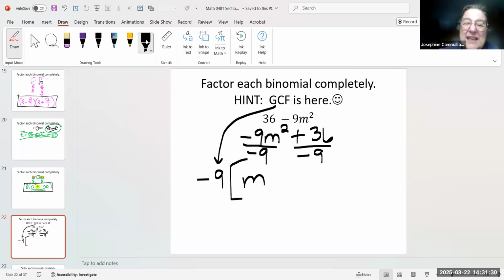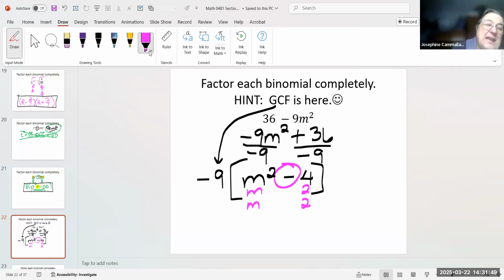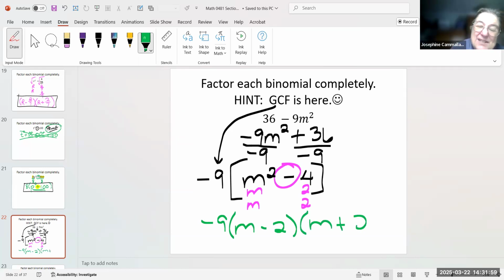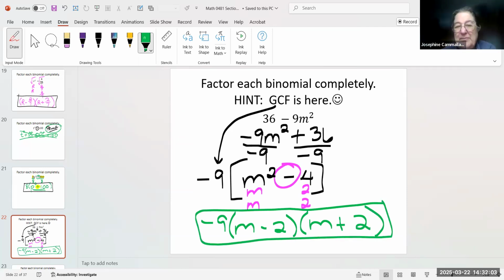And notice what I get. m squared minus 4. This is m, 2, 2. Because I got a minus here. This will give me a negative 9, m minus 2, m plus 2. This is my answer.